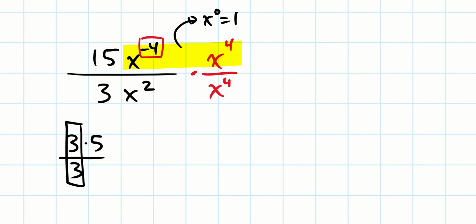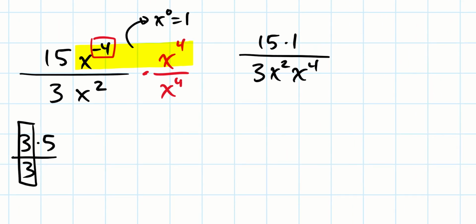So in my numerator, I'm left with 15 times the 1. My denominator has 3x squared x to the 4th. If I simplify this, we're left with just a factor of 5 in the numerator, and we are left with 6 factors of x in the denominator.